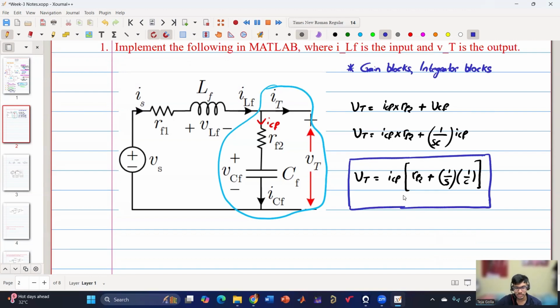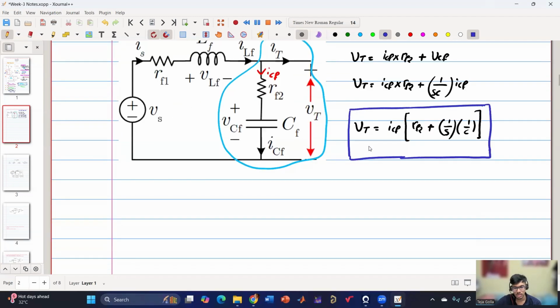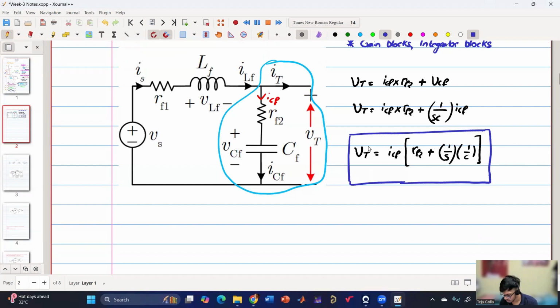ILF equals ICF, plus IT also. Yes. So ILF equals ICF plus IT. So ICF is nothing but ILF minus IT.